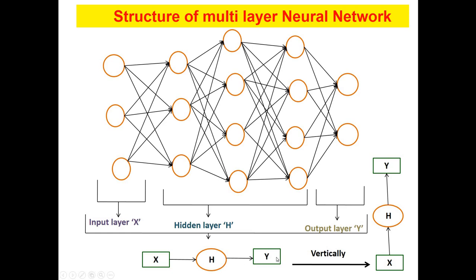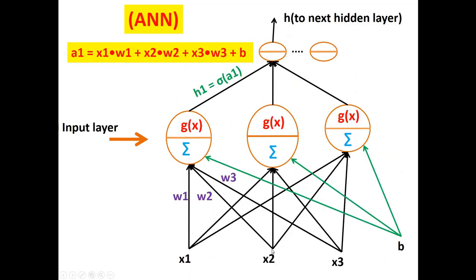Now a typical artificial neuron works like this. Let's say you have x1, x2, x3, which are the 3 features of a human, and b is the bias. Then if you see one neuron here, it is a summation, that means x1 w1 plus x2 w2 plus x3 w3 plus b, which is nothing but a1.